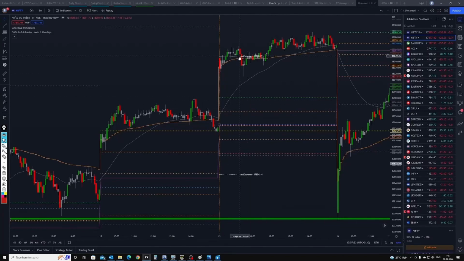So what is moving average exhaustion, or the extreme? This is derived from the theory that in the last X bars, we are taking around 150 bars here, what was the maximum limit that the price was away from the moving average?